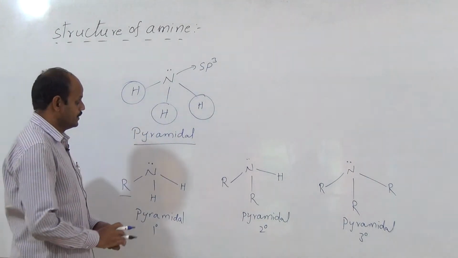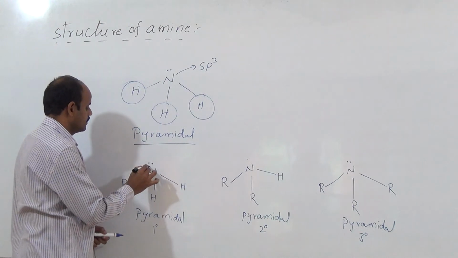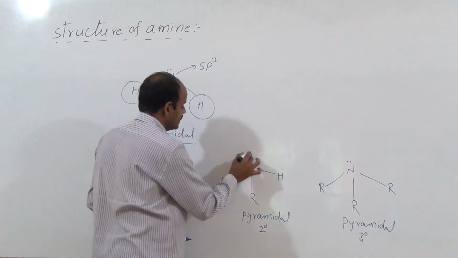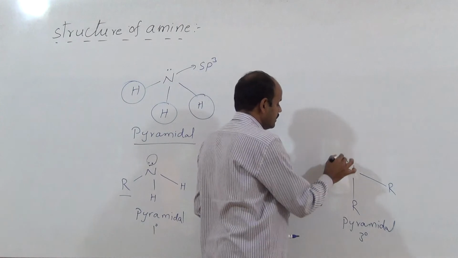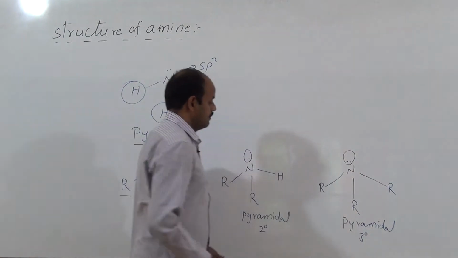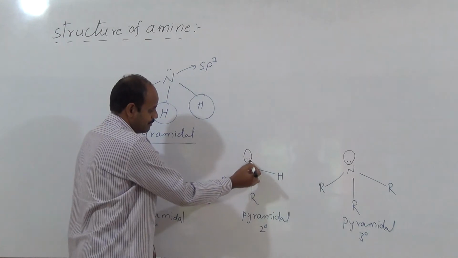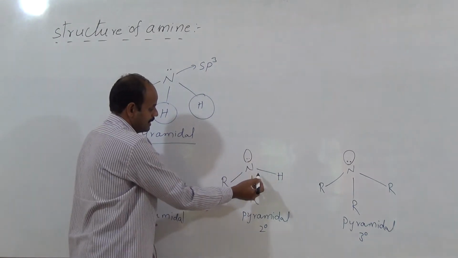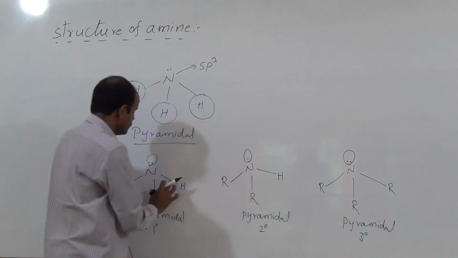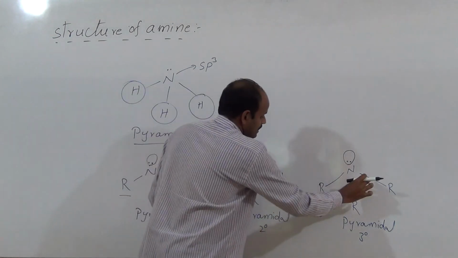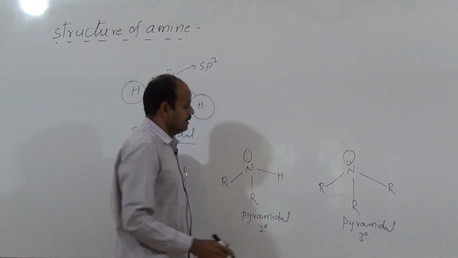And due to the presence of lone pairs on the nitrogen atom in each type of amine, repulsions between the lone pair of electrons and the bond pairs of electrons make the bonds come closer to each other. Thus the bond angle is reduced.